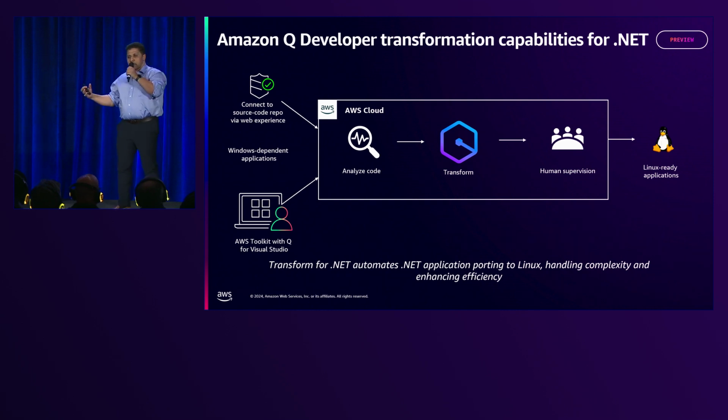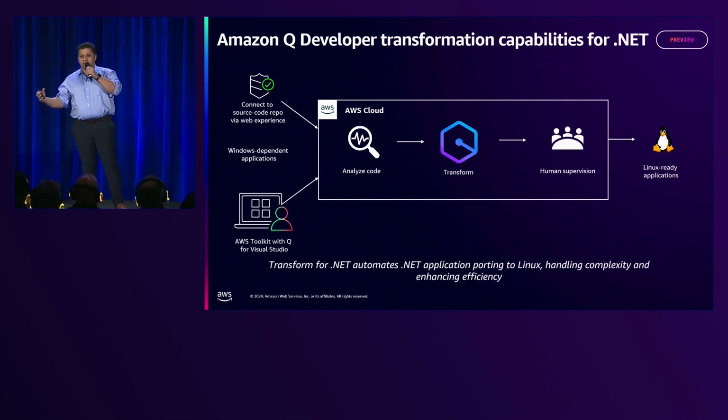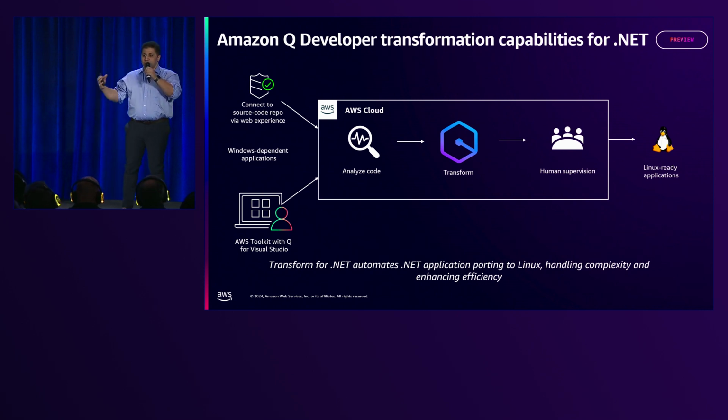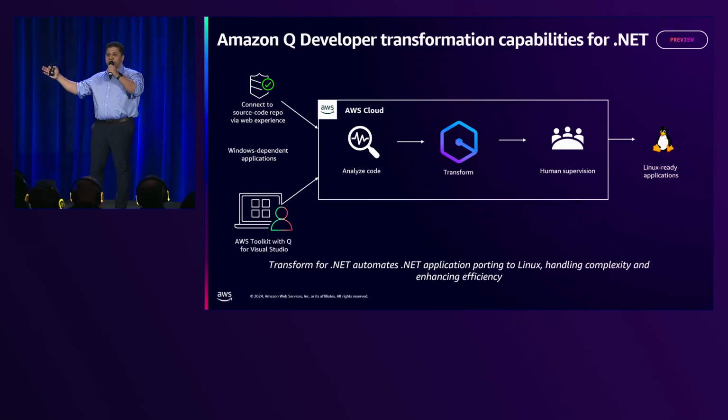The underlying capability, the large language models, the methodology, shares a common fabric across the two to provide you similar results. One works on one application, project, or solution at a time. The other works at a large scale. With the web experience, you can port hundreds of applications together. And all of this goes through the same journey.